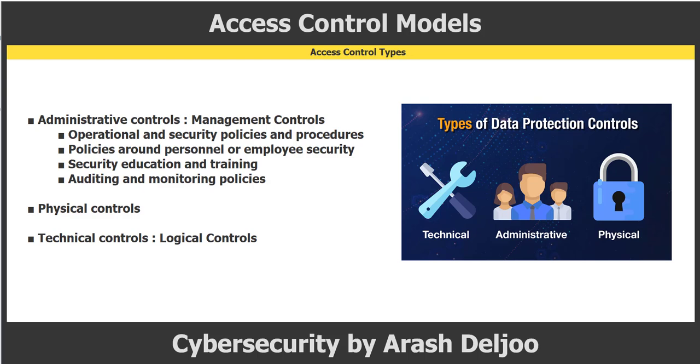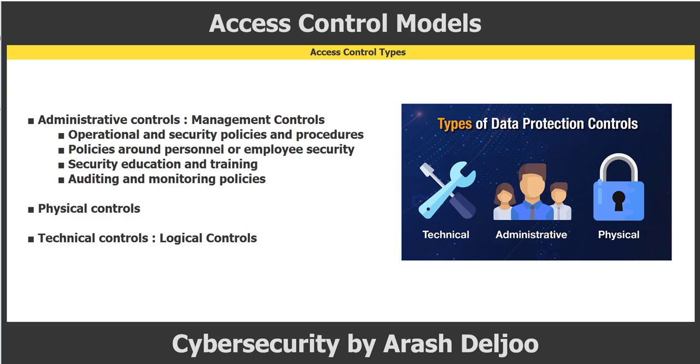In this case, the policy would be an administrative access control, whereas the access list would be a technical or logical access control. Controls can be classified into three main categories: administrative controls, physical controls, and technical controls.